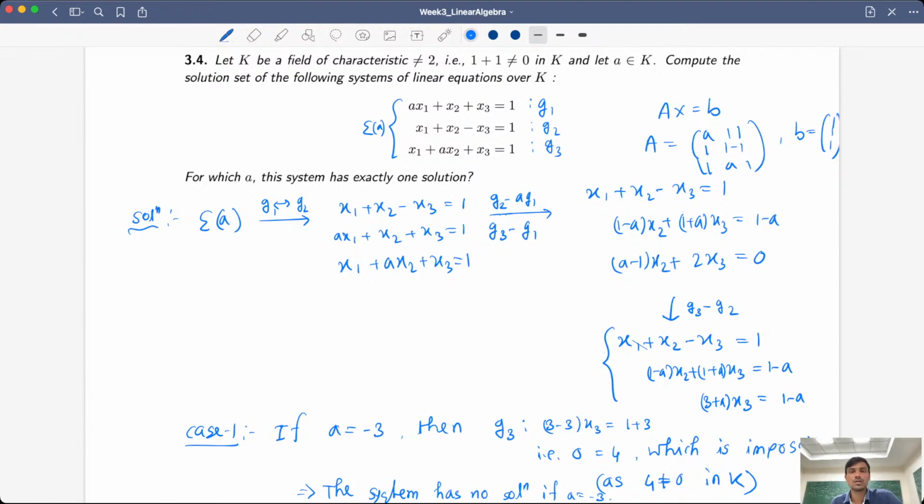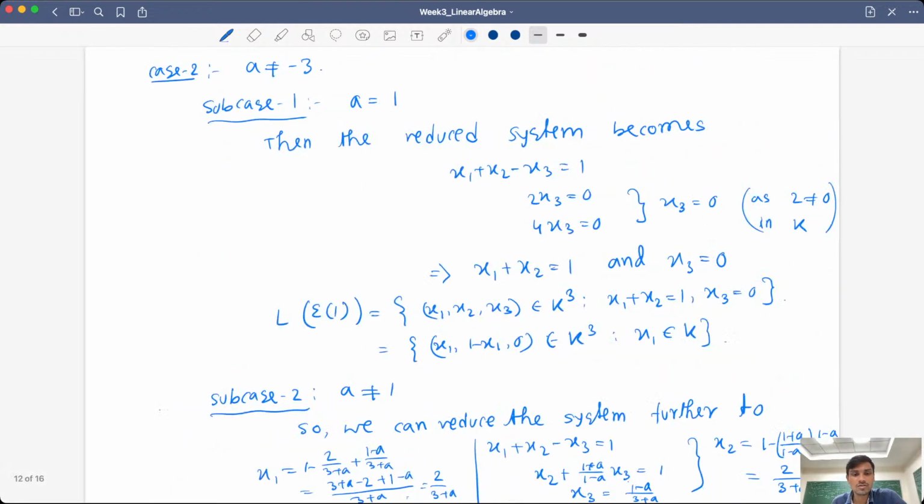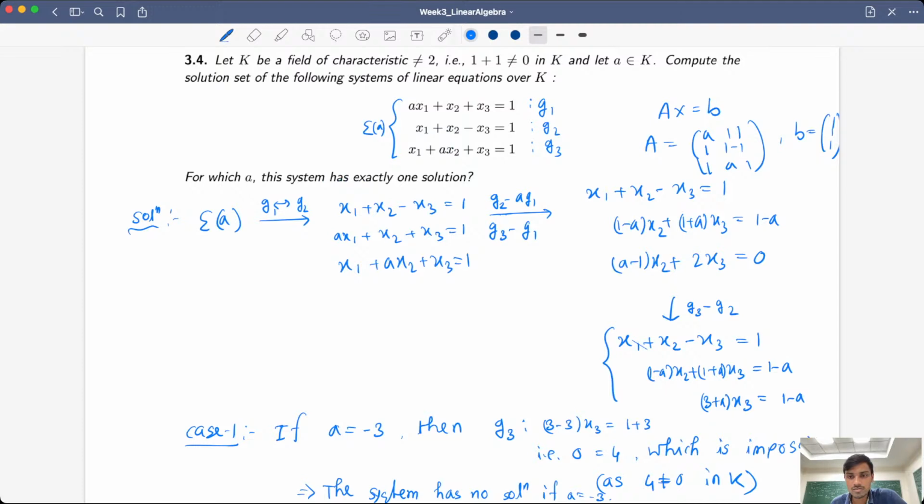Okay, any other question? Sir, can we take a equal to minus 1? Yeah, a equal to minus 1 is not a problem, because you see in the reduced form, a equal to minus 1 gives 2x2 equal to 2. And in this case 2x3 is again equal to 2, right?